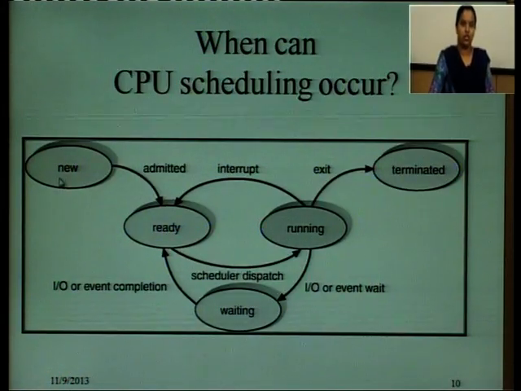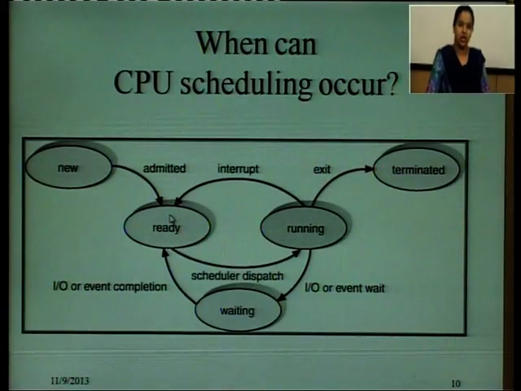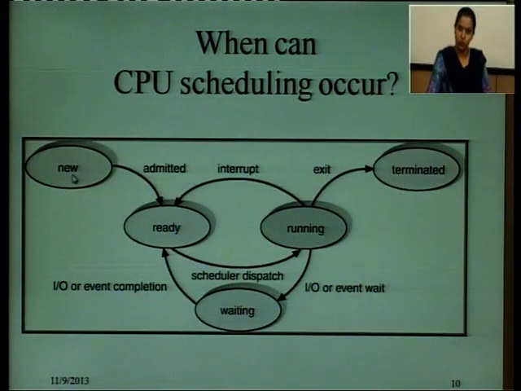Here you see when a new process comes and is admitted for the CPU, meaning this process wants to be executed. This is the new state, this process is going to be executed. Then it is admitted to the CPU. Then the CPU will decide whether all the resources required to execute this process are available.